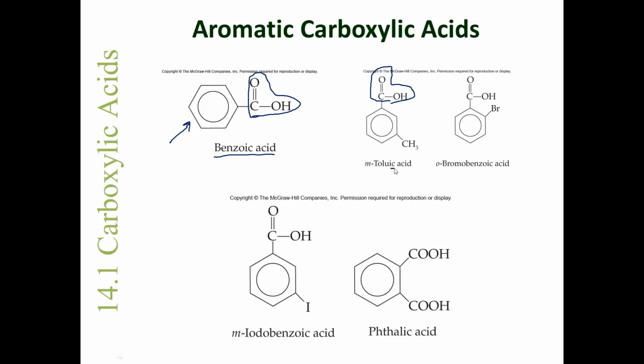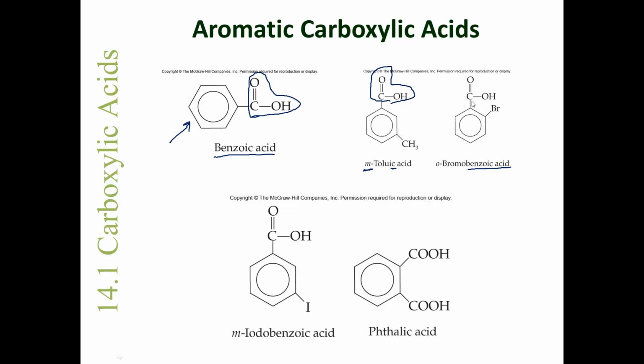And see, when you get that IC there, that's telling you. And then what does the M stand for? Meta. Remember, there's ortho and there's meta. All right, so keep that in mind. Oh, in fact, they show it right here. Here's ortho-bromobenzoic acid. So it's a carboxylic acid. So there's the benzoic acid.